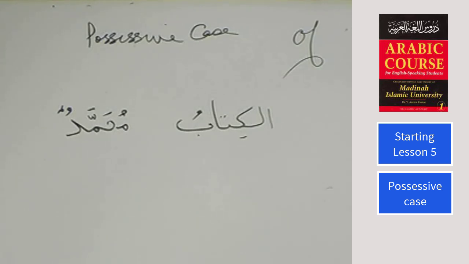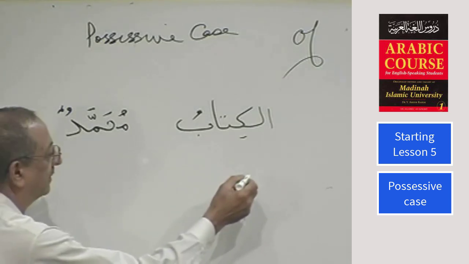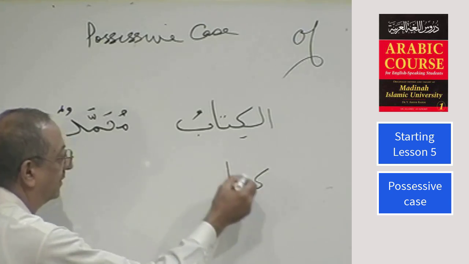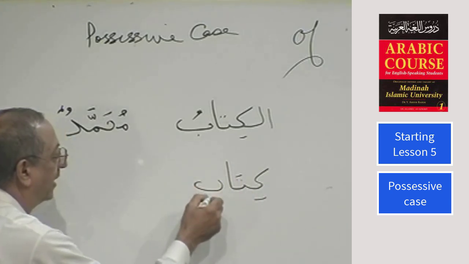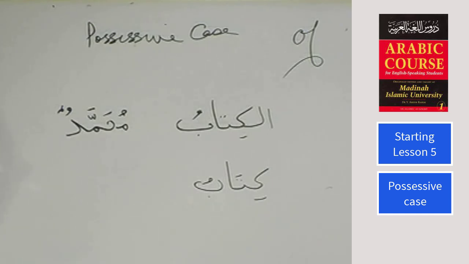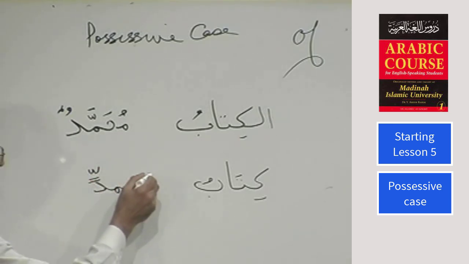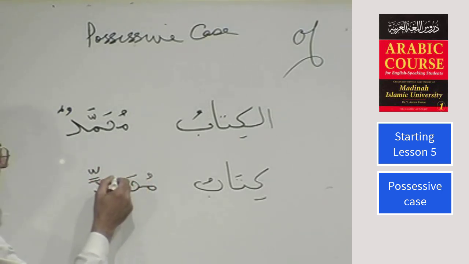Look at it very carefully. Kitabu Muhammadin. If I say Kitabu Muhammadin, what is the translation? Kitab of Muhammad, book of Muhammad. Got the idea?